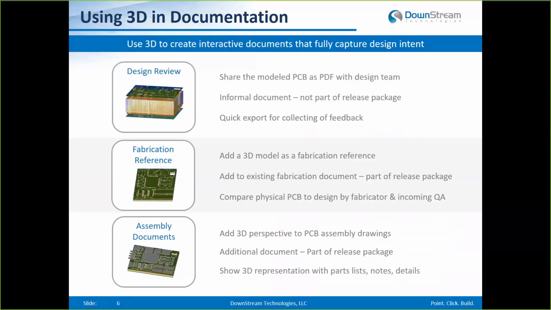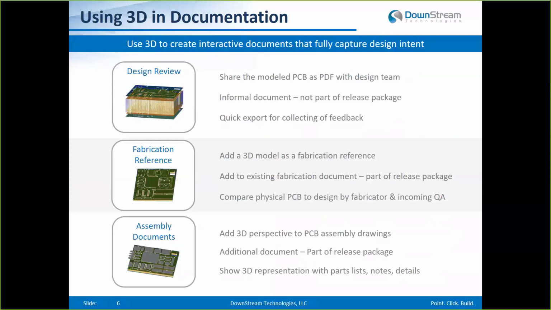That ability to zoom in the side of the board when troubleshooting would be really handy. I could think of QA, electrical test, AOI, all those areas could benefit from being able to look at the design as a 3D model. And then, of course, creating your assembly documents themselves for use for assembly.